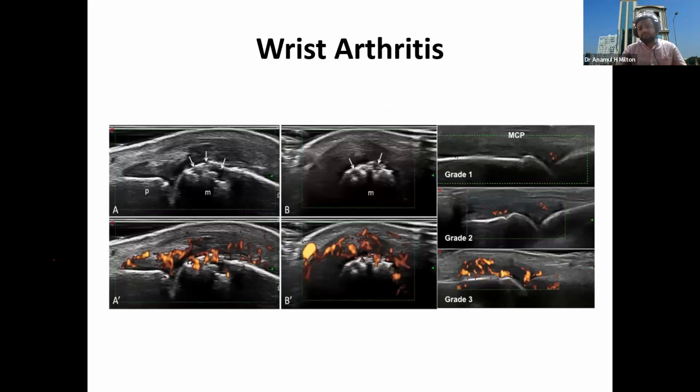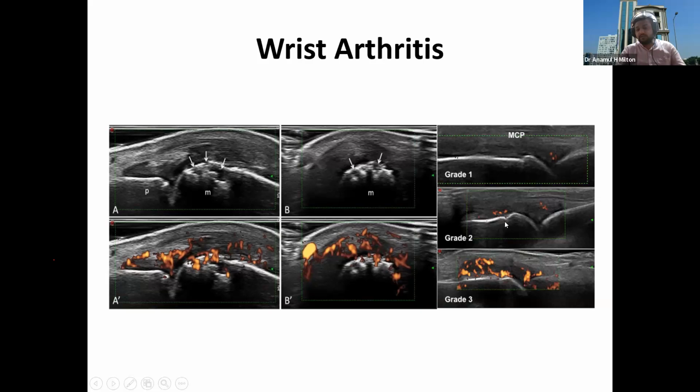So this is the USG part, and you can see a lot of collection and synovial thickening, and the Doppler shows a lot of color within the synovial thickening area.